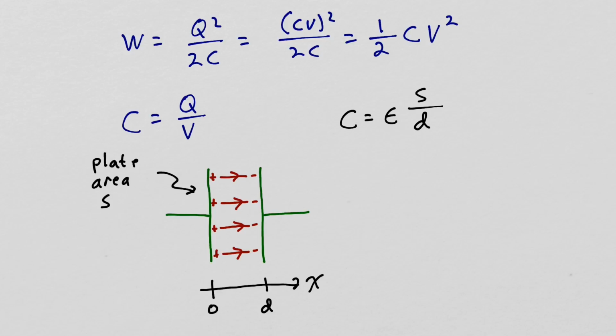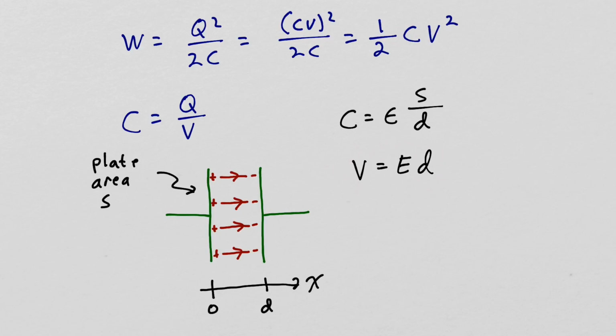The potential across the capacitor is the electric field intensity between the plates times the plate spacing. In our equation for the energy stored on the capacitor, we're going to substitute this equation for the capacitance and this equation for the voltage.